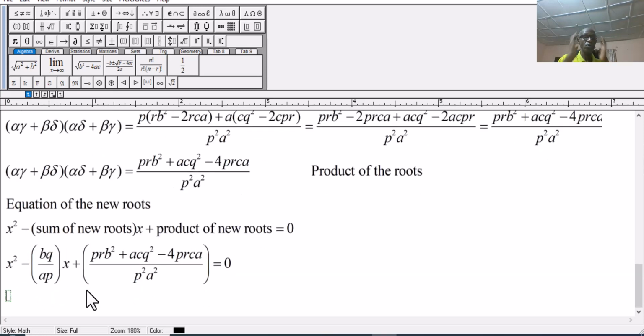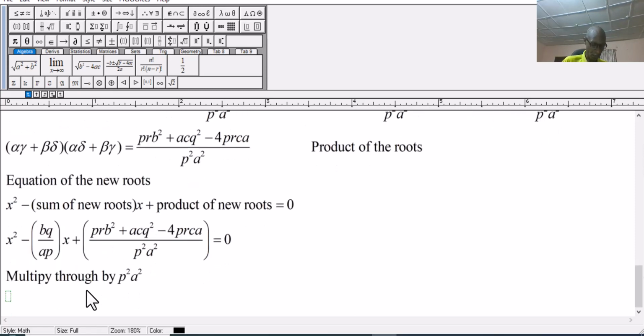So we can multiply everything through by p squared a squared.